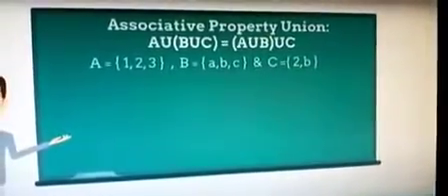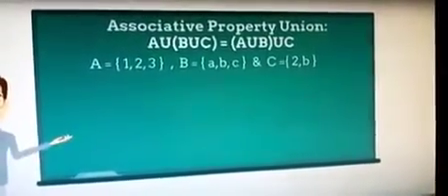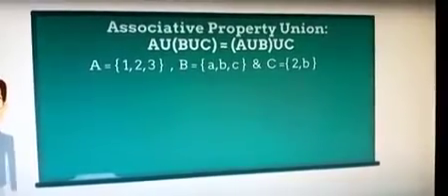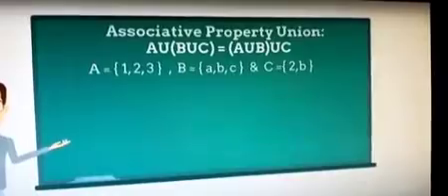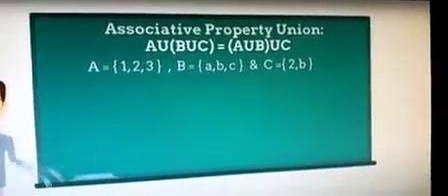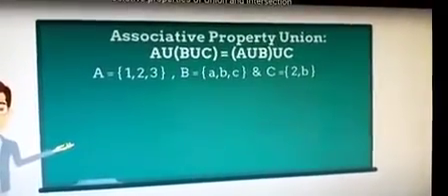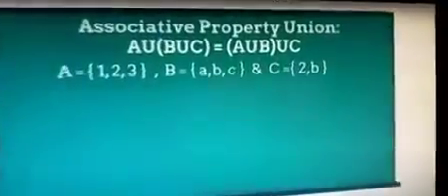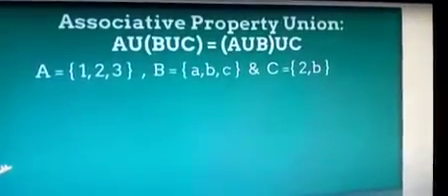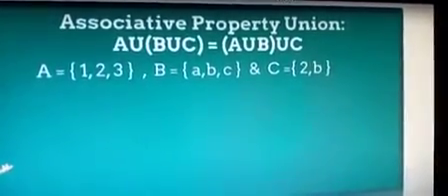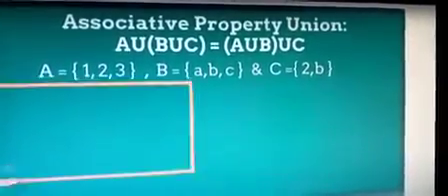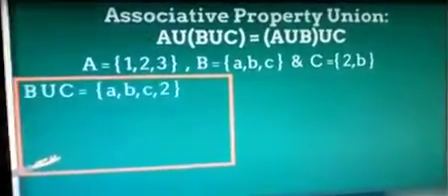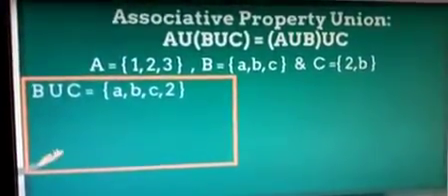Suppose set A contains 1, 2, and 3, set B contains a, b, and c, and set C contains 2 and b. To prove association, we need to prove that the result of A union bracket B union C is equal to bracket A union B then union C. For this, we will solve bracket first, B union C, which is a, b, c, and 2.